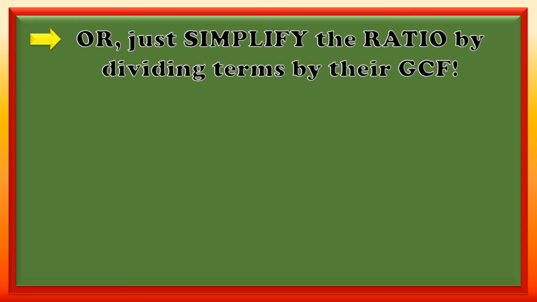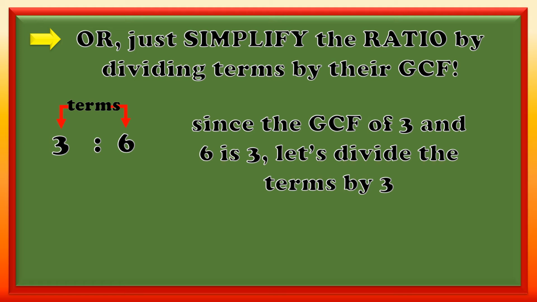Or, just simplify the ratio by dividing the terms by their GCF. Okay? So again, if we have the ratio 3:6, and our terms are 3 and 6, we get the GCF of 3 and 6. Since the GCF of 3 and 6 is 3, let's divide the terms by 3.